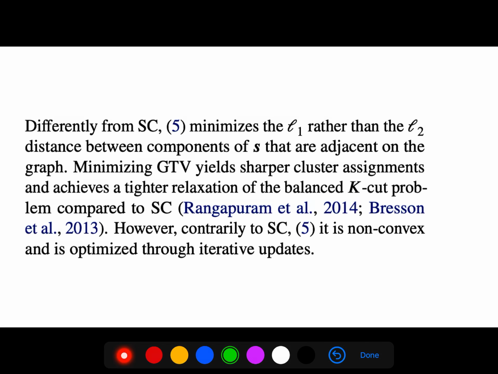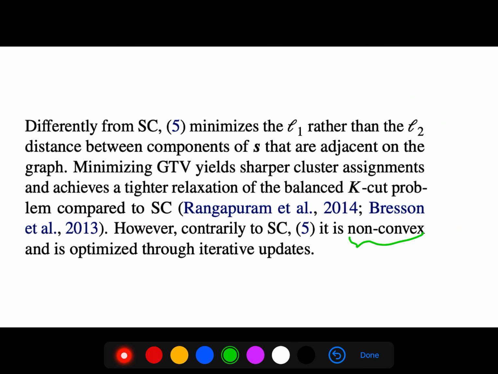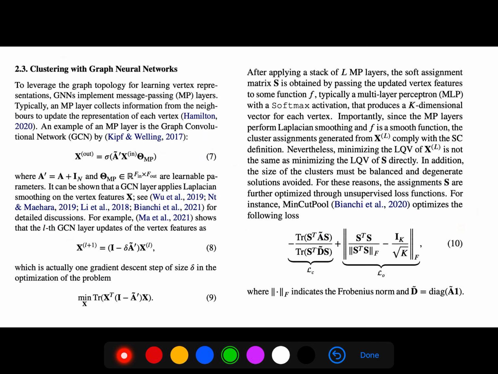However, contrary to spectral clustering, it is non-convex. So this one is convex, a good solution, a global solution, but this is non-convex. This is the drawback of this new approach.